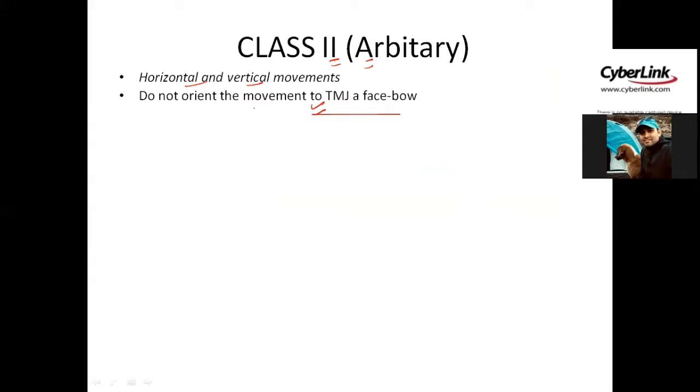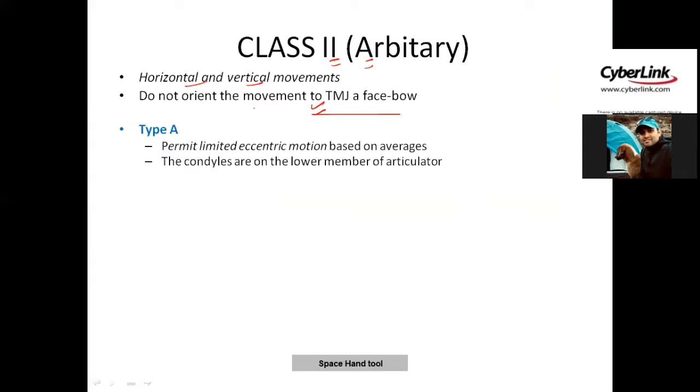So it is of various types. Type A permits limited eccentric motion based on average records. The condyles are on the lower member of the articulator. Examples are mean value articulator and Guy's articulator.